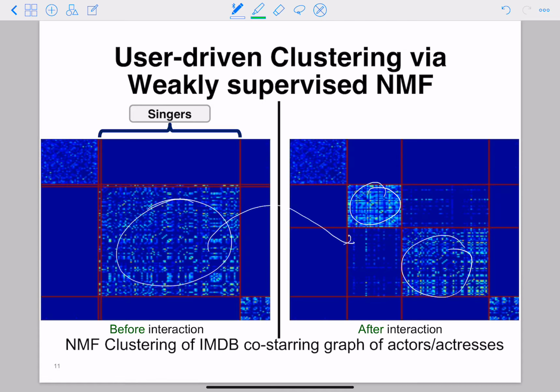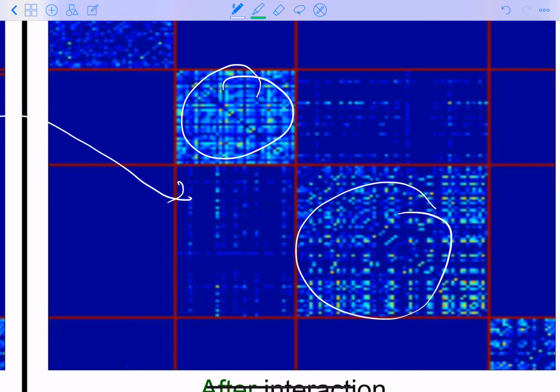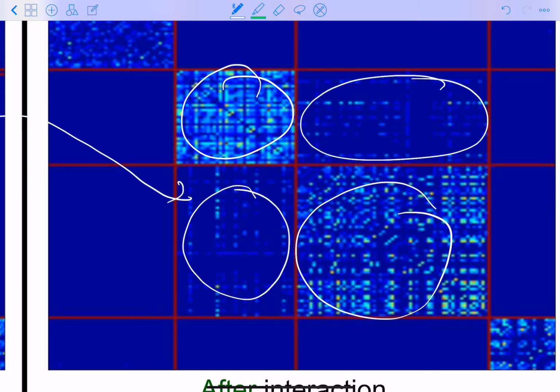Here we can see relatively high values on these off-diagonal parts. So even if we split this big cluster into two, among these two groups we have some non-trivial similarities in terms of the co-occurring patterns.